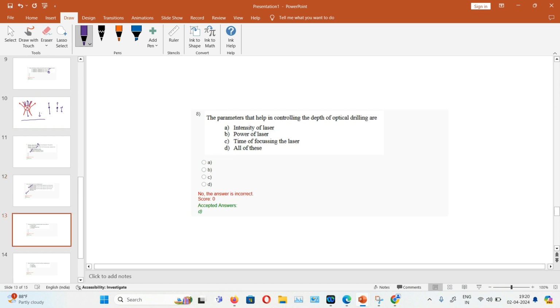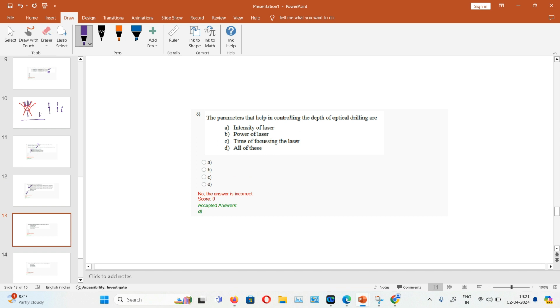Next question: the parameters that help in controlling the depth of optical drilling are. Optical drilling is the process in which we use a focused laser beam to remove some particles from the cellular environment. It can be a small portion of the cell wall or some more inner portion. What are the components which will help?